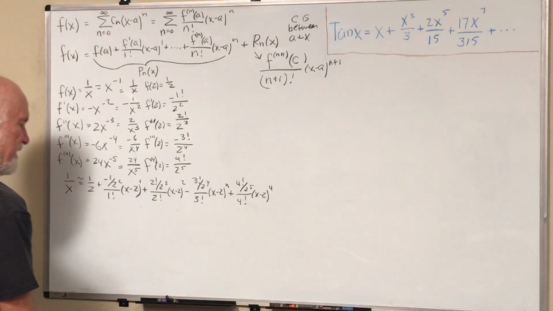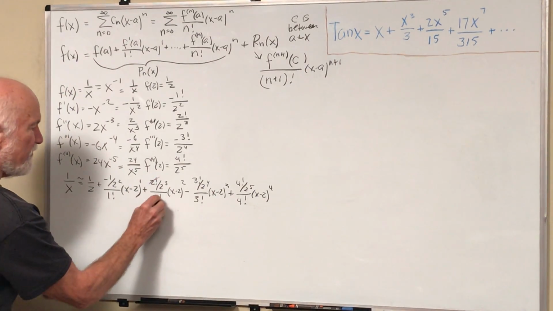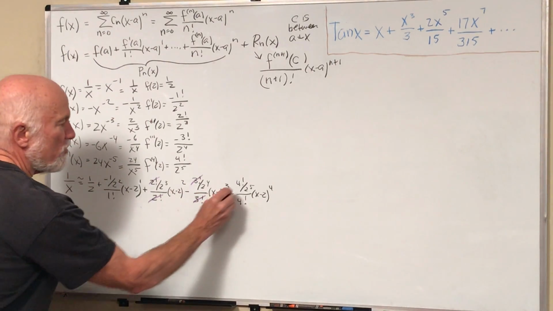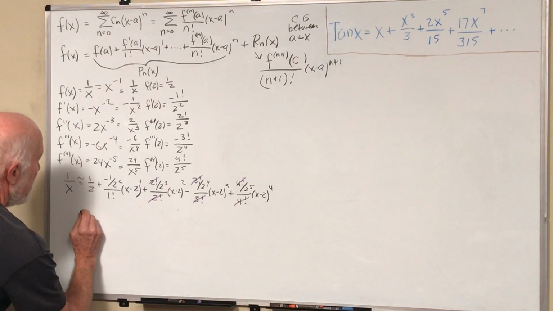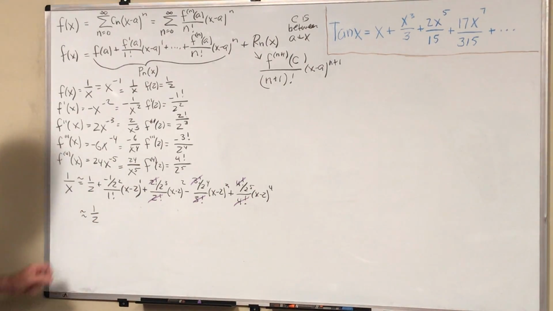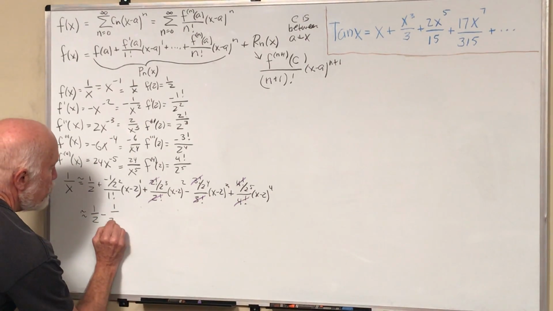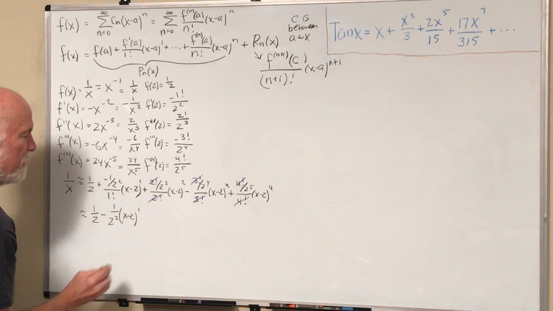Now let's see if we can simplify this. 2 factorial divided by 2 factorial, 3 factorial divided by 3 factorial. All those factorials cancel out. So we're left with 1/2, then minus 1 over 2 squared times x minus 2 to the first.